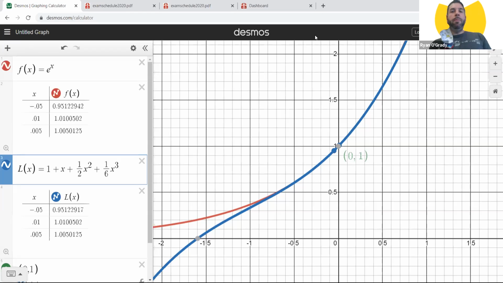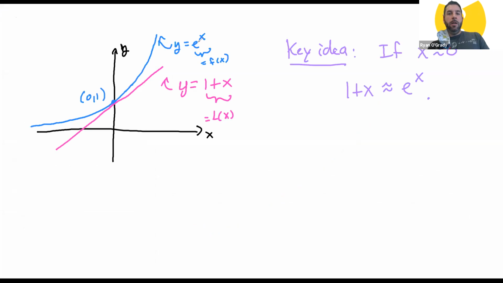Okay, so back to our notes. That is how we can think about the geometric interpretation of this.